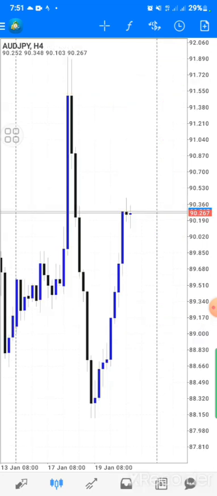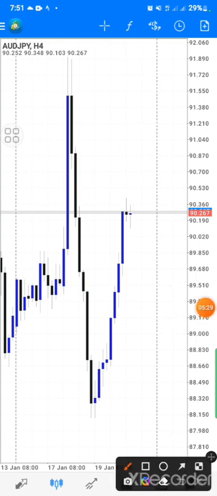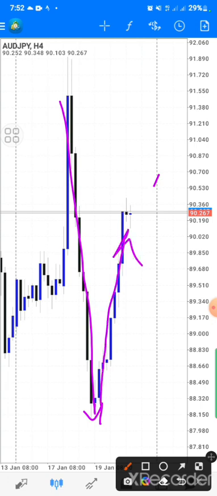Okay, this is also good. I love this. At this point, you need to be watchful. Now, this is a downtrend. Do not forget. Then an uptrend.